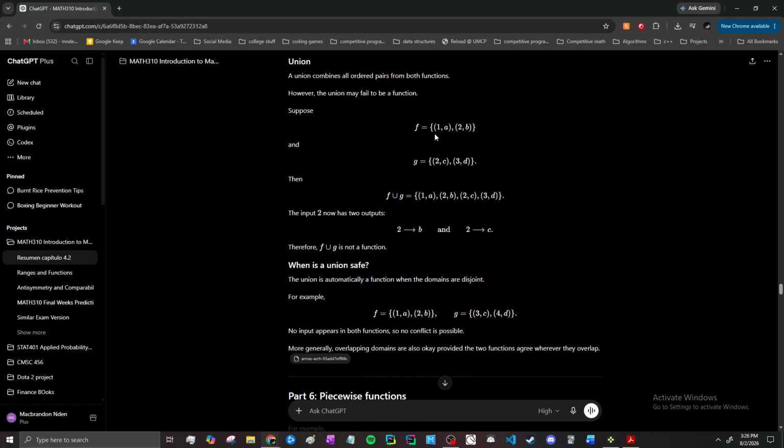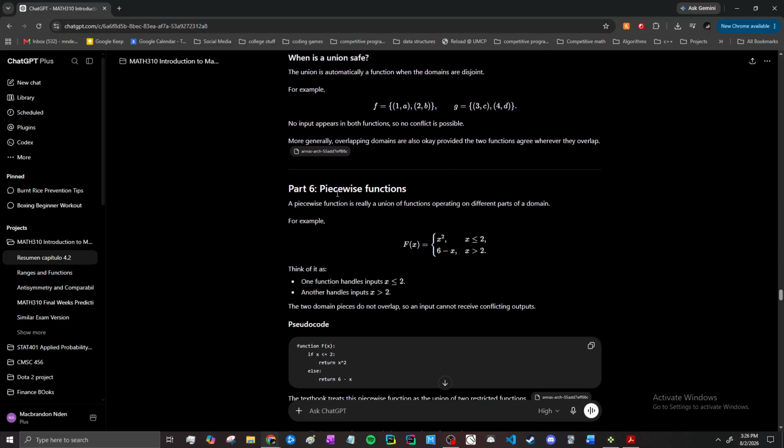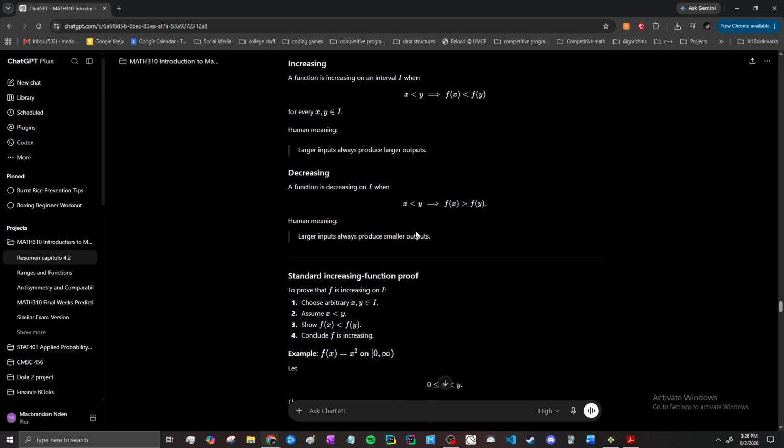Union again, pretty simple, not that hard. Piecewise functions, for example x squared if x is less than or equal to 2. This one again, simple. Increasing, decreasing functions.